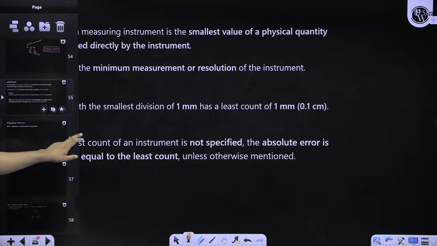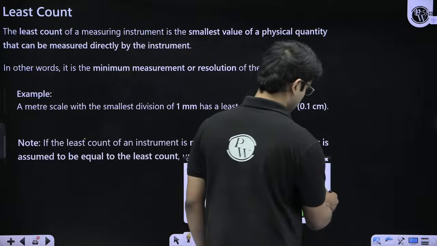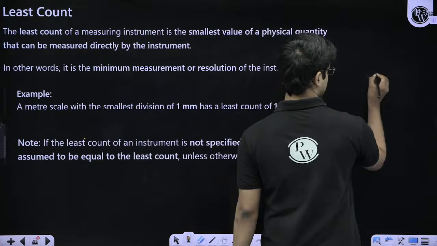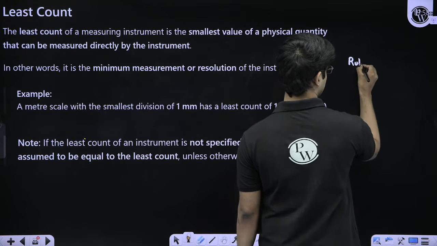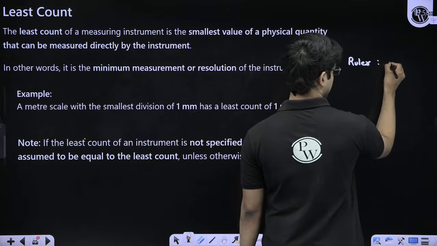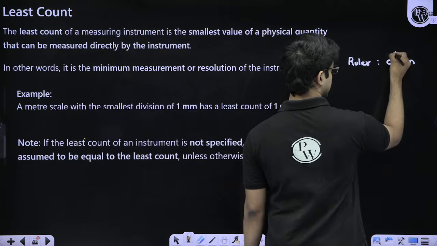Okay, so now least count. Least count, we already covered. It's the smallest measurement an instrument can make, right? So if you're talking about an ordinary ruler, the smallest length it can measure is 0.1 centimeter. So this is called the least count of the ruler.